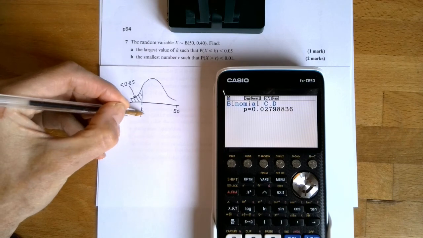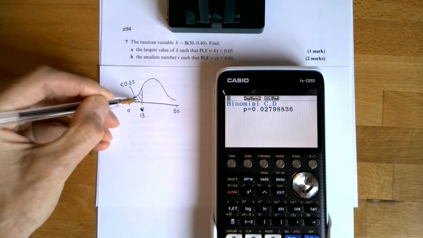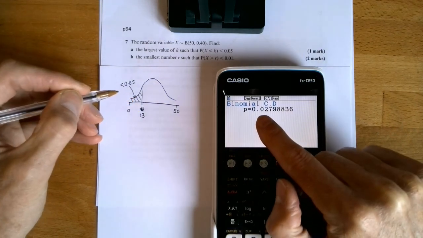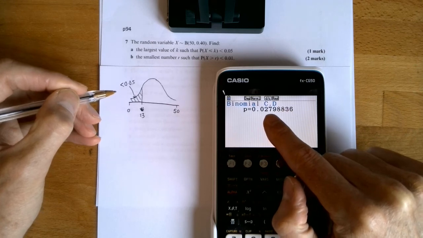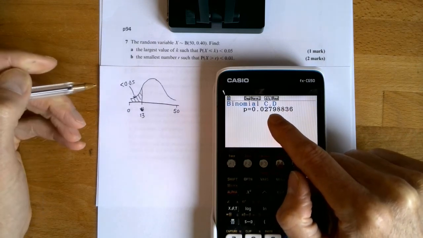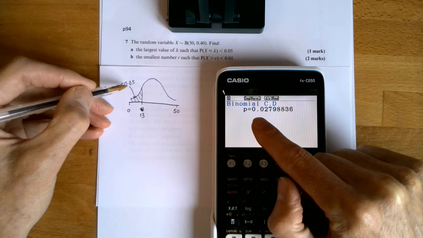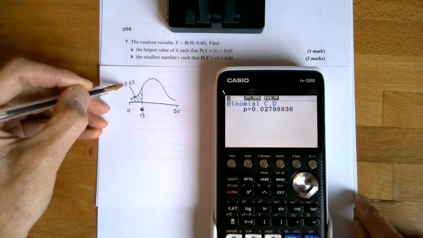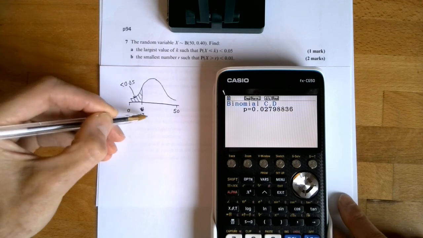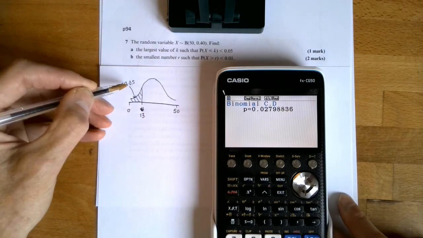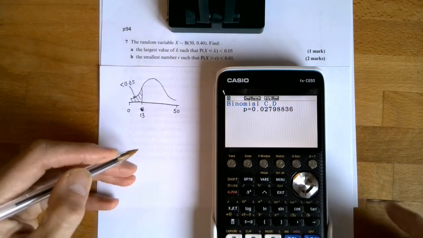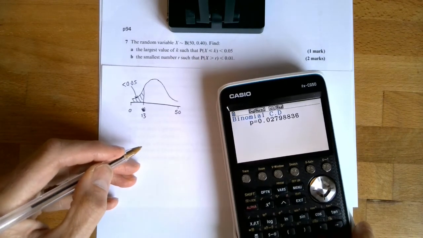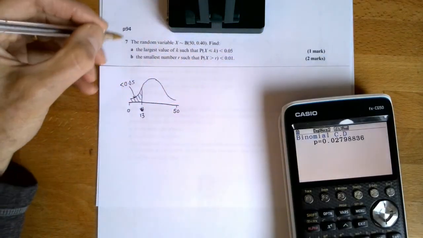If I make that 13, the probability here is 0.0280 to 4 decimal places, or to 2 decimal places, 0.03. So it's less than 0.05. It can't be 14, because that gave me a probability that was greater than 0.05. So the answer to that first one is that k is 13.